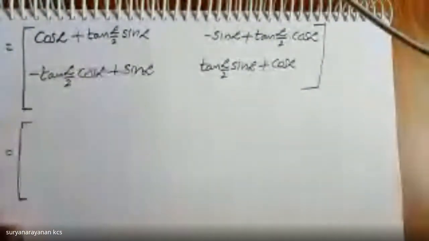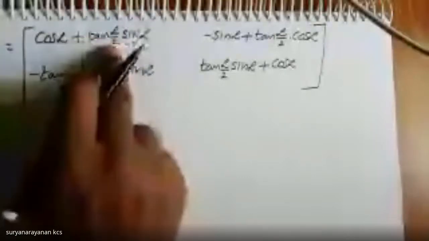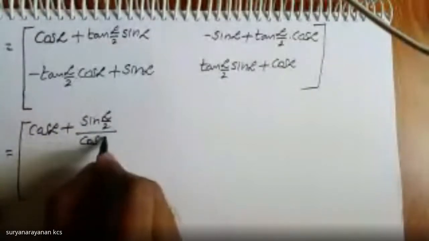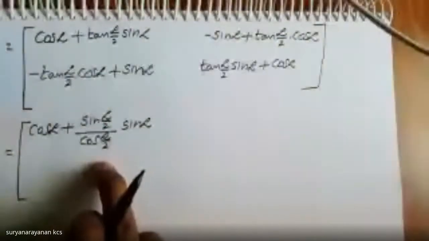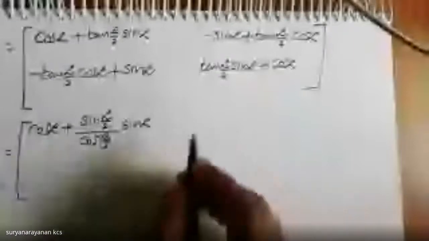After this step, we have to use our trigonometric functions knowledge. Tan alpha by 2 we write as sin alpha by 2 by cos alpha by 2. Can we write it? Yes. Whenever you get tan alpha by 2, write it as sin alpha by 2 by cos alpha by 2, and write the remaining terms as they are.